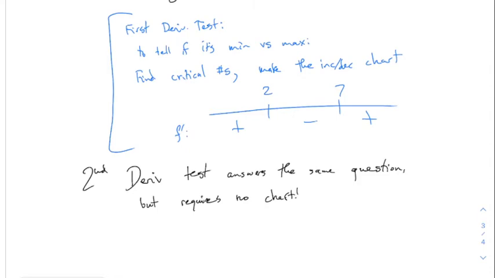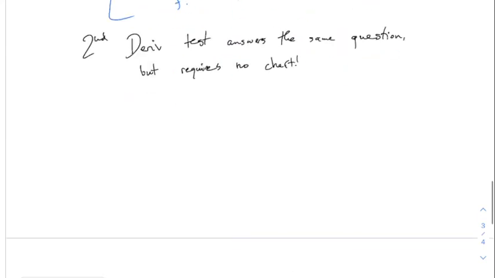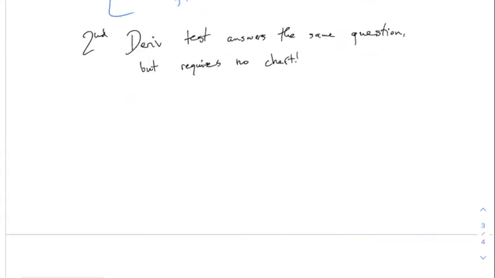All right. Anyway, how does it work? It's based on a very simple idea, and that is, remember, f double prime positive means this kind of shape. It means that you're looking at the smiley shape, right?